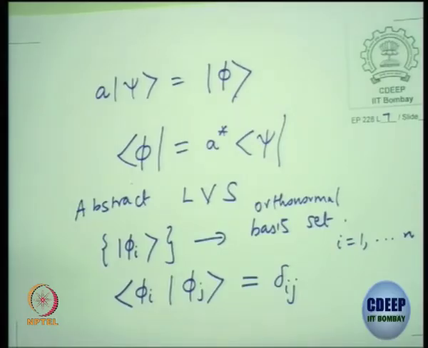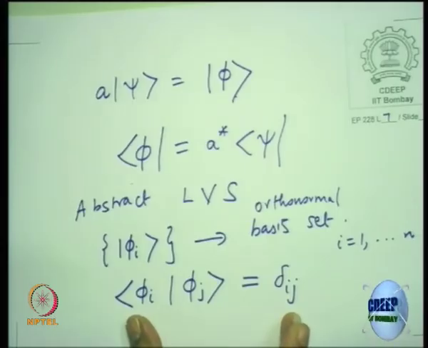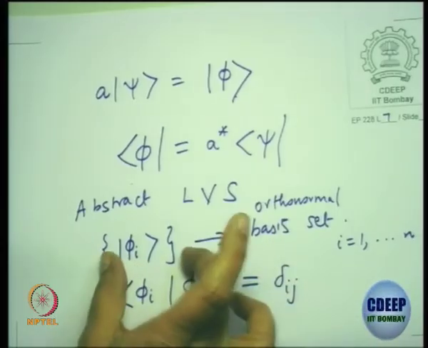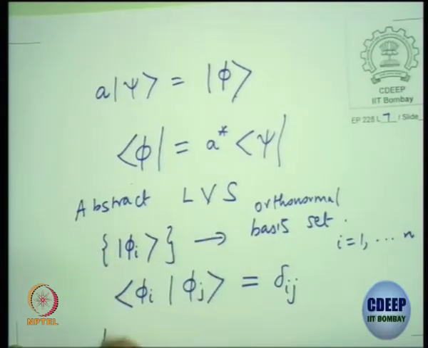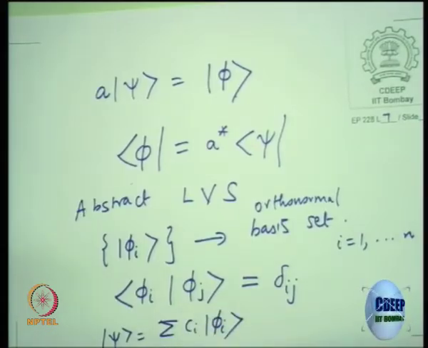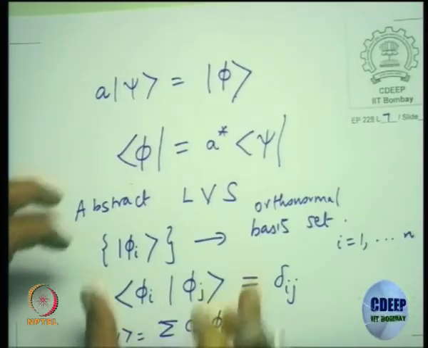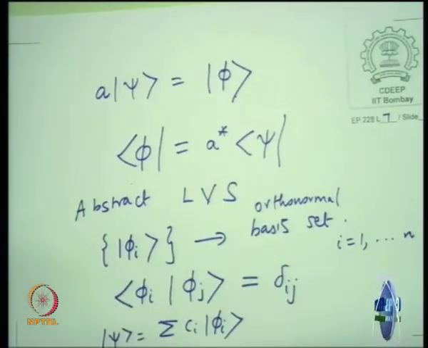You can have all types of vector spaces, but this property has to be satisfied, and this basis set means any arbitrary state you will be able to write in terms of summation over c_i phi_i. That is the meaning of saying that it spans the space. You can write any arbitrary state in terms of that, and these two conditions will be sufficient to look at any abstract space.